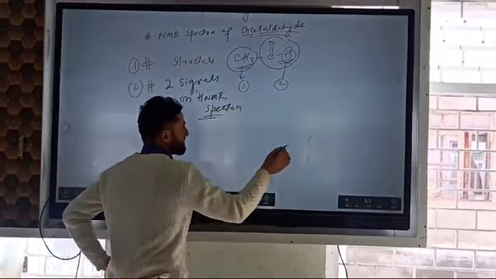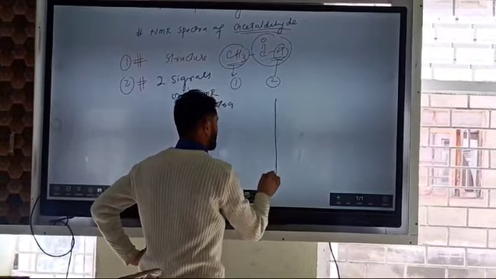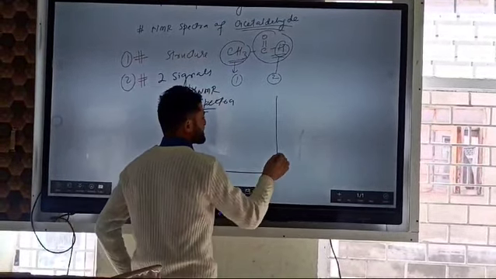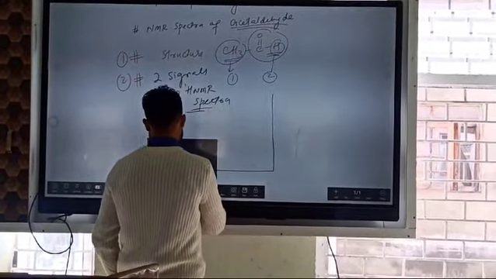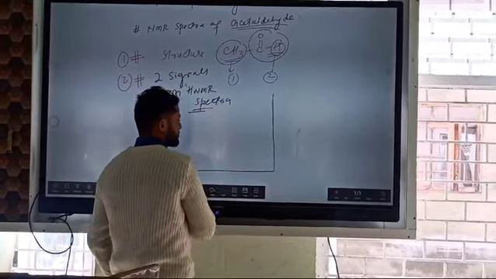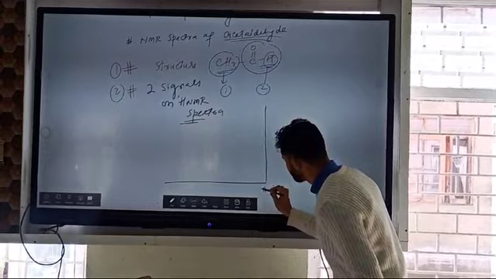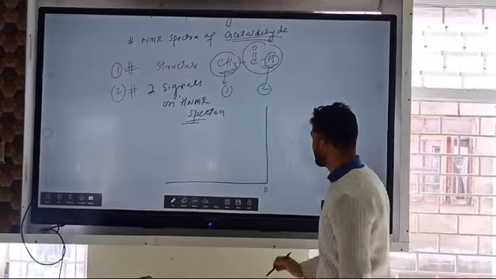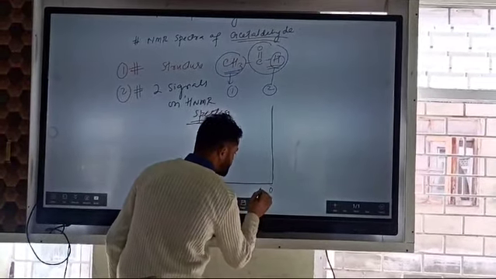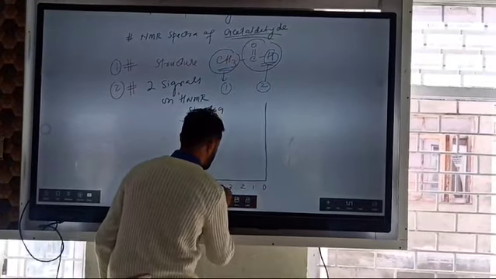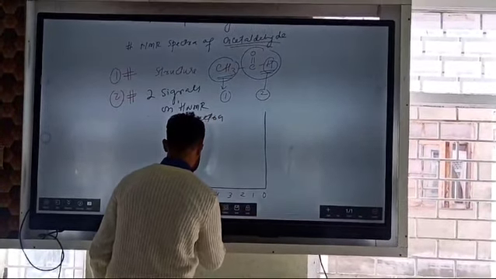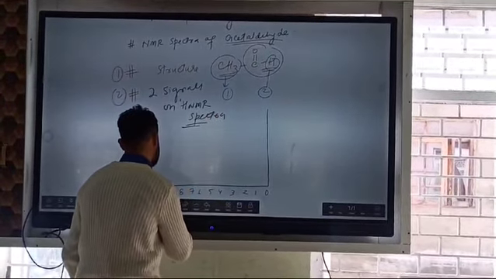Let's draw this. First of all, you have the x-axis and y-axis. On this line, as I have told you, we start from 0 ppm and go to 1, 2, 3, 4, 5, 6, 7, 8, 9, 10.